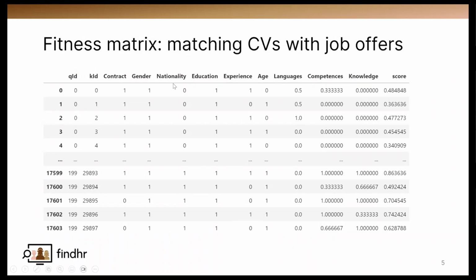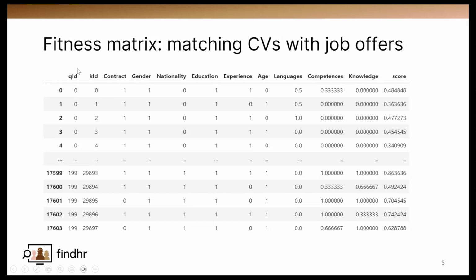A fitness metric matrix, basically for each feature, like the type of contract of the job offer, the education, the experience, etc. We will see these features in the notebooks in a moment. For each pair of job offer and candidate, in the matrix, there is the result of the matching.